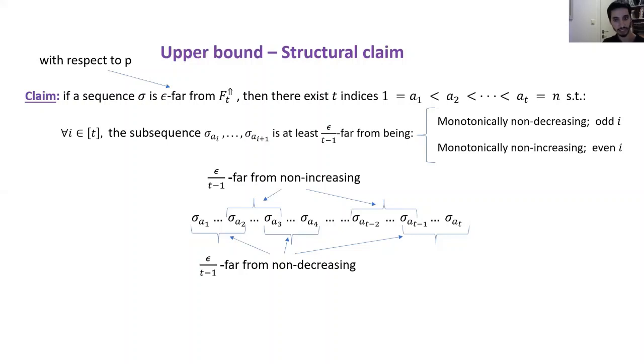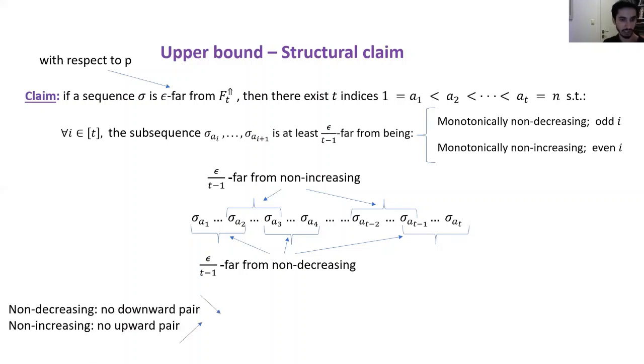The following illustration shows exactly what we are trying to get. We're trying to divide sigma into such subsequences that are far from non-increasing or far from non-decreasing, alternatingly.